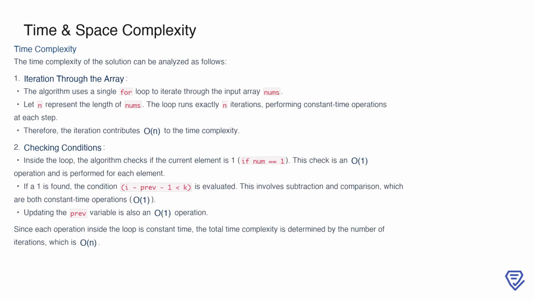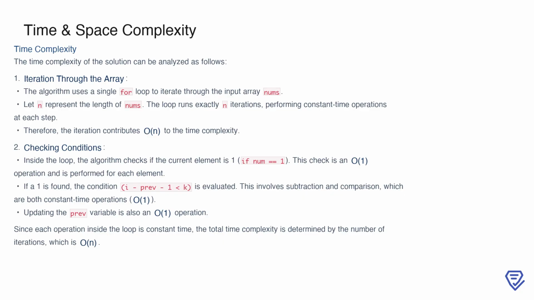To analyze the time complexity of this solution, we start with the main operation, which is iterating through the array. The algorithm uses a single for loop to traverse the input array nums, and if we let n represent the length of nums, the loop will execute exactly n iterations. During each iteration, only constant time operations are performed, such as checking if the current element is 1 and calculating the distance between indices.